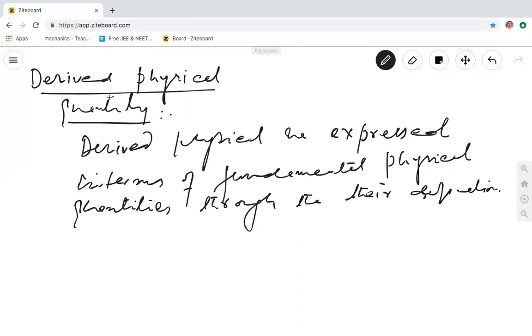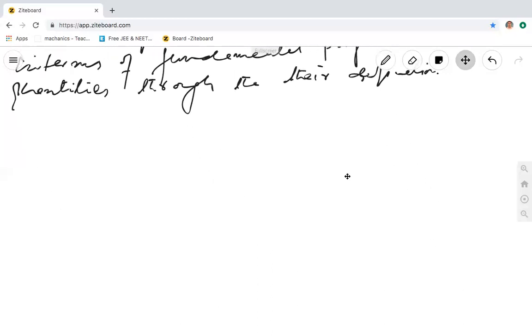I mean, when you define a physical quantity, only then you can express them in terms of mass, length, and time, and other fundamental physical quantities. That's very important, because if you are not able to define a given physical quantity, then obviously you cannot express it or put it in the basic fundamental physical quantities. Okay. Now, then comes supplementary physical quantities.